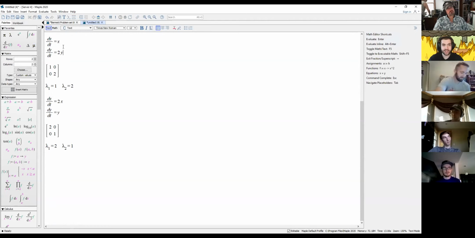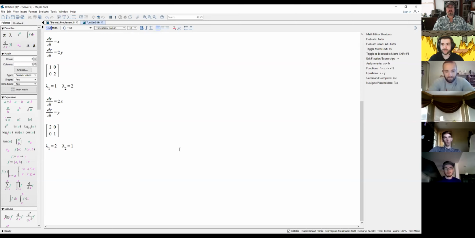So we said dx/dt is equal to x and dy/dt is equal to 2y, which when you put it in matrix form, you just get this. And when you do the whole determinant setting it equal to 0, you just end up getting 1 minus lambda and 2 minus lambda. So they're really easy to find your two eigenvalues. And then for the other one, we swapped it around. So it's different, but they're also linear again. And they yield the exact same eigenvalues, just different order.